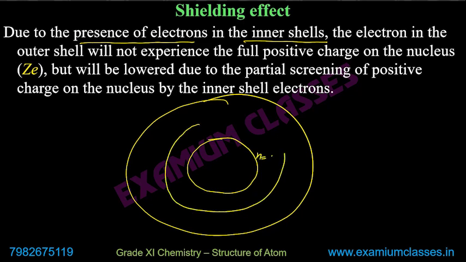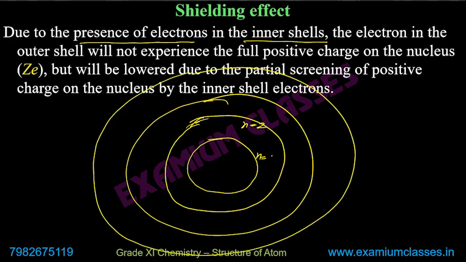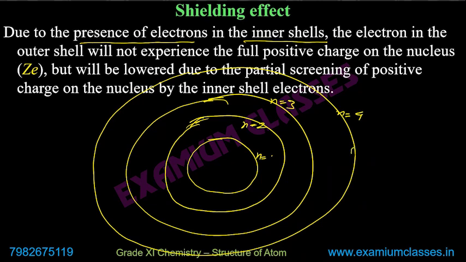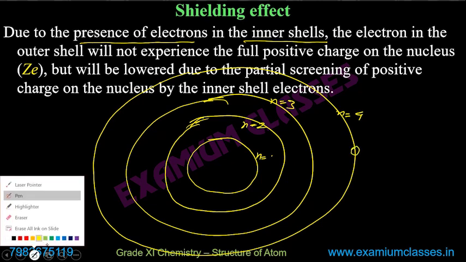This is just an imaginary boundary line. n equals 2 and so on. n equals 3, n equals 4, like these are shells. Now the electrons which are there, say n equals 4. This is the electron.